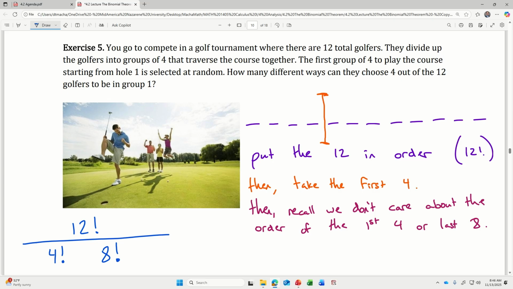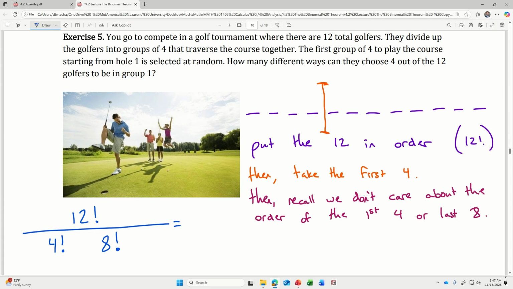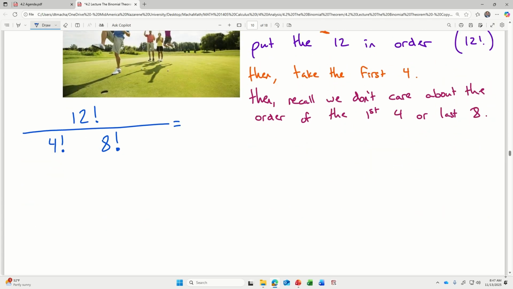As long as they're the same 4, I don't care how they're lined up. Likewise, there's 8 factorial different ways to permute the last 8 golfers, and I don't want to distinguish between those cases as long as they're the same last 8. So we have to divide by both of those numbers to remove the duplicates. And the only significantly different ways to do this are going to be 12 factorial divided by 4 factorial divided by 8 factorial.